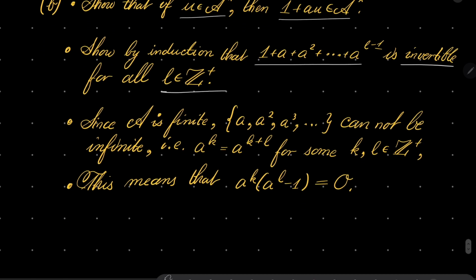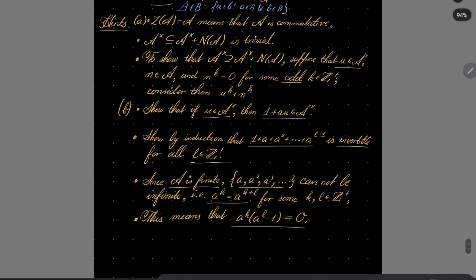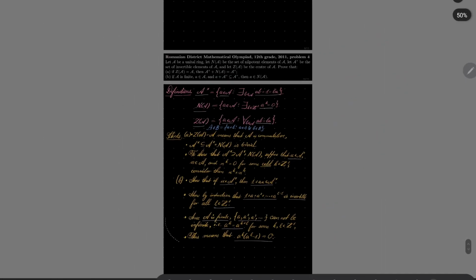And the last two hints: since our ring is finite, this set, which consists of a squared, a cubed, cannot be infinite. So two elements in this set must be the same, a to the power of k equals a to the power of k plus l. Use this to get this equality and try to finish this problem. So give this problem a try, and I will see you in just a minute.